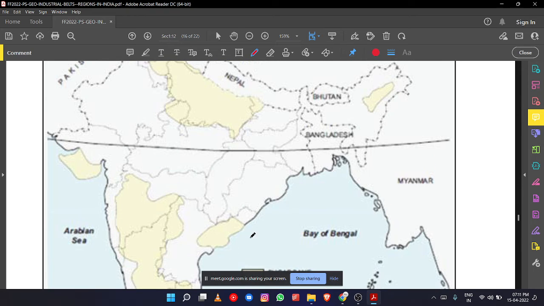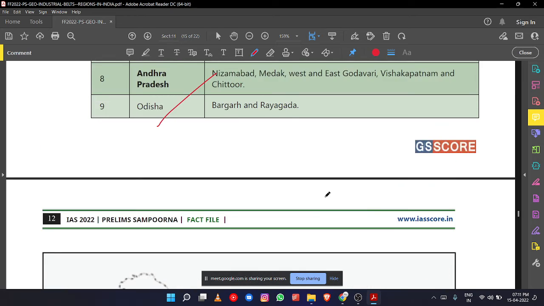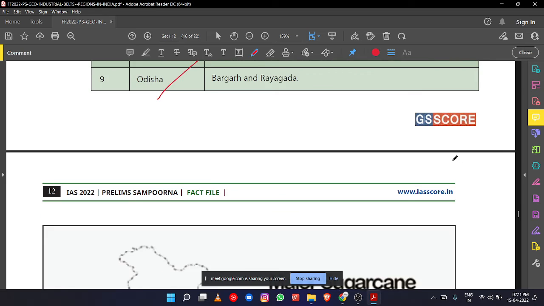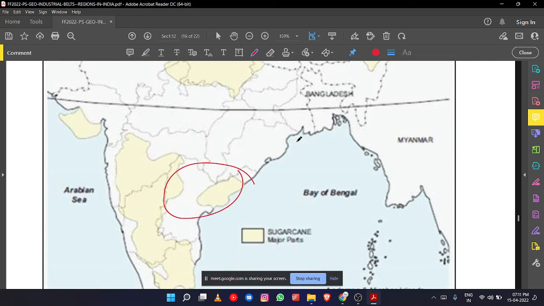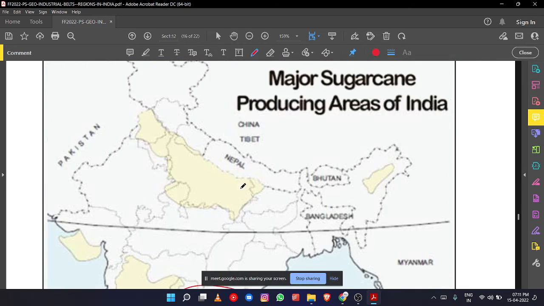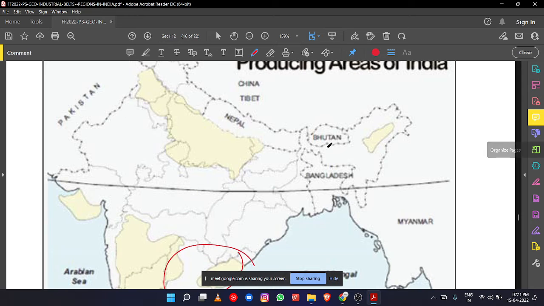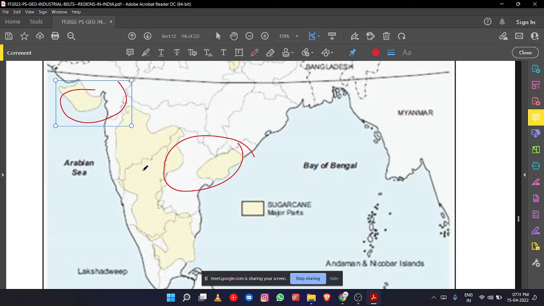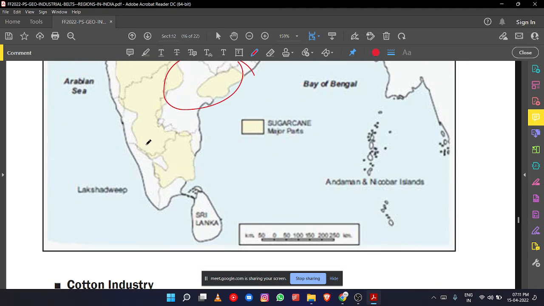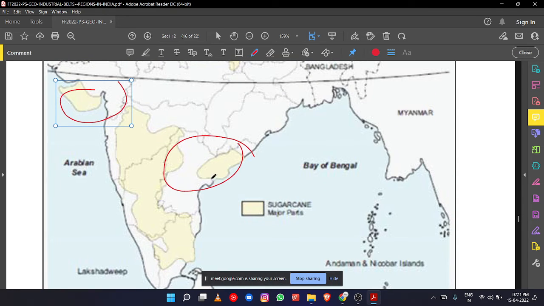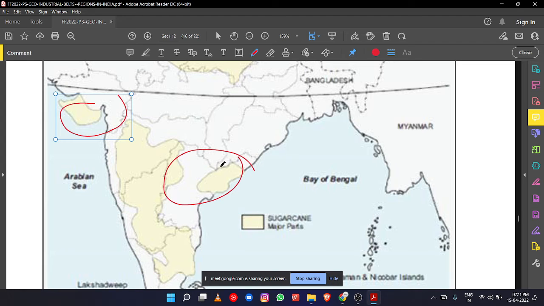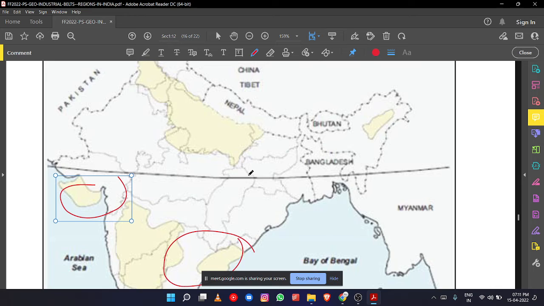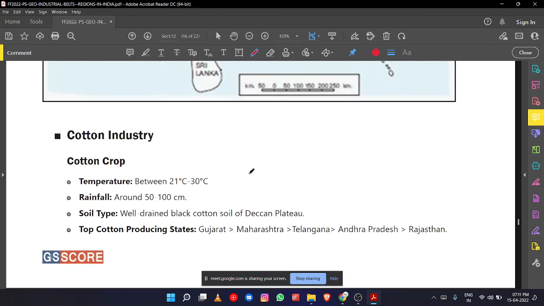In Andhra Pradesh, Nizamabad, Medak, West and East Godavari, Visakhapatnam, Chittoor, Krishna districts produce sugarcane. In the Brahmaputra Valley it is also produced, and Gujarat. So Maharashtra, Karnataka, Tamil Nadu area, Telangana, Andhra Pradesh area, Uttar Pradesh, Punjab, Haryana area. These are the major sugarcane producing areas in India.